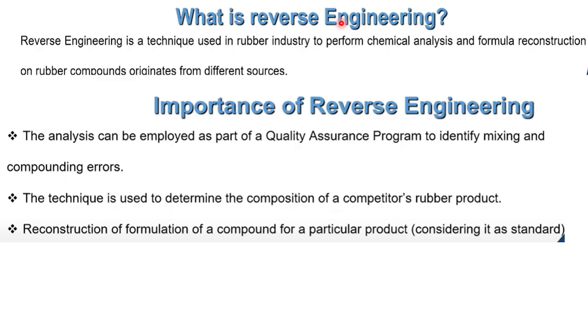Now the importance is that the analysis can be employed as a part of a quality assurance program to identify the mixed product, and also to determine the composition of a competitor sample and reconstruct the formulation of a compound, even the improvement compared to the current established product for a company to compete with the competitor product.